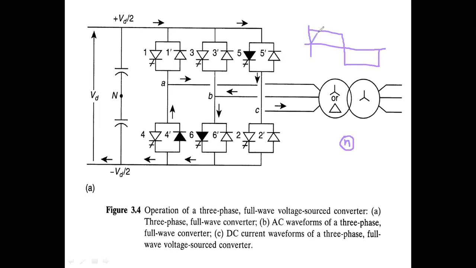We don't have the sinusoidal waveform, only square waveform. This square waveform is having harmonics. It is 3-phase, with positive and negative halves symmetrical, so even order harmonics are absent. You get only odd order harmonics, that is 3, 5, 7, 9 and so on.